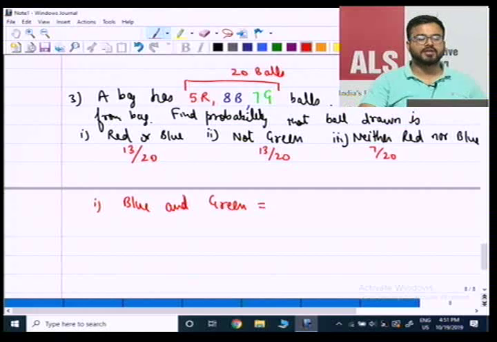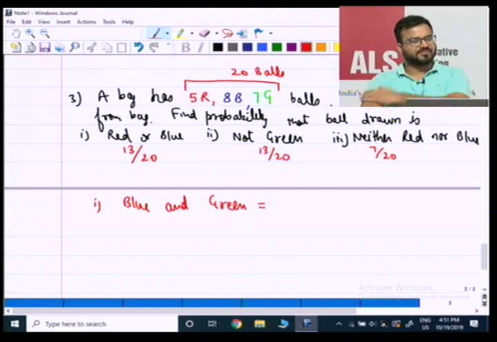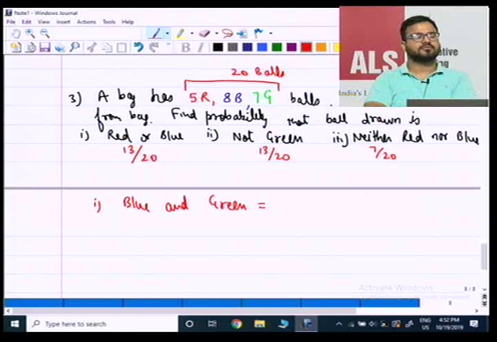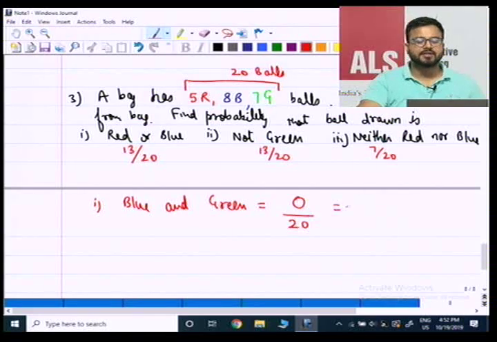Because we don't have any ball that is both blue and green, 4 by 5. How? See, blue and green means on that ball there should be both blue and green color. But we don't have any ball over here which has both green and blue color. Either it is completely green or completely blue. So favorable cases are 0. 0 divided by 20 is going to be 0. Okay, I got it.